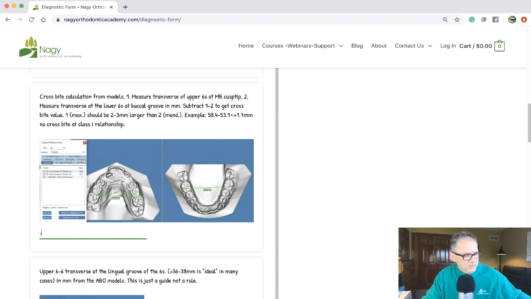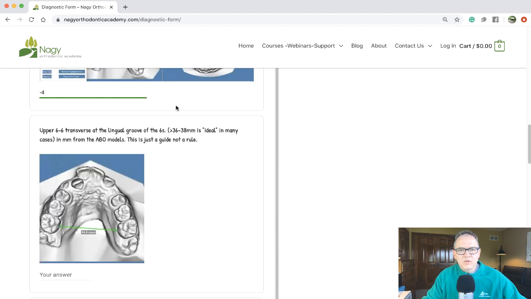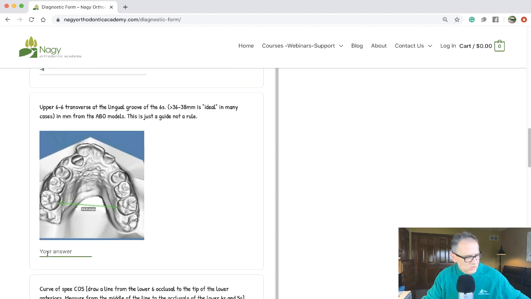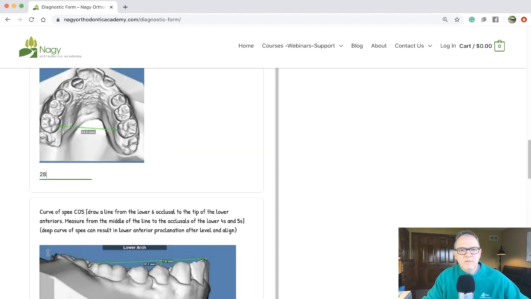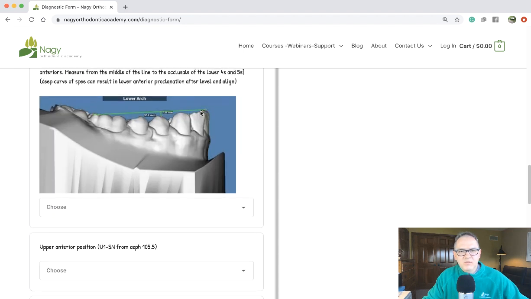If you get -4, that means there's a 4 millimeter crossbite, because the lower arch is wider than the upper. Upper 6 to 6 transfers, that's the McNamara number that I told you, 36 to 38. You measure right at the lingual groove to lingual groove. Let's say you measure 28. That's very small, okay?